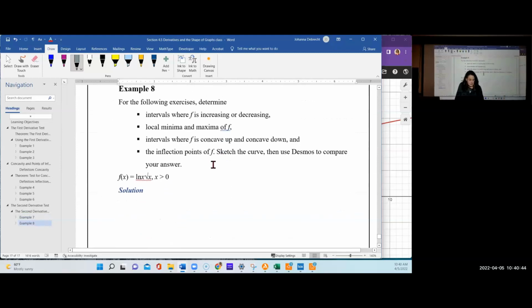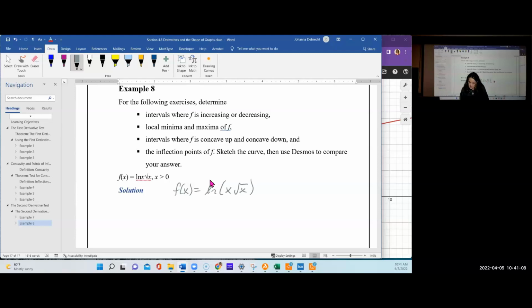All right. And then the only other one we have here is this natural log of x times the square root of x, where we're going to go through and find all possible values. So let's take a couple minutes and look at this one quickly. So we have the function equal to the natural log of x square root of x.